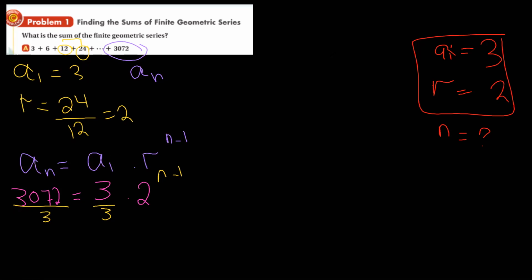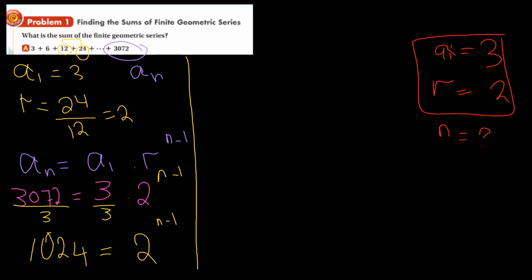So as you divide them, you will have this answer: 1024 equals 2 raised to the power n minus 1. Now, as you know from maybe grade 8, how to deal with exponents. The two bases here are the same, and the second term is n minus 1.